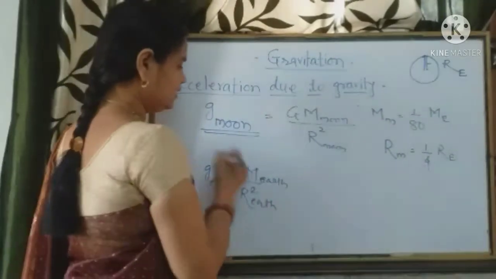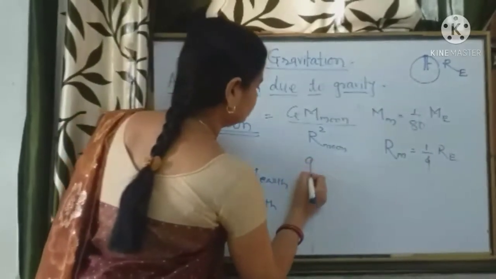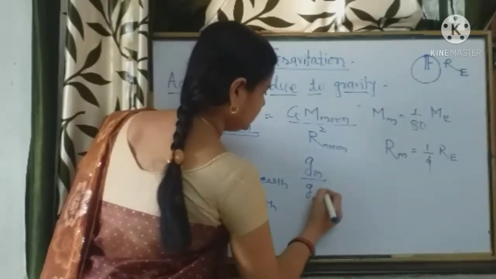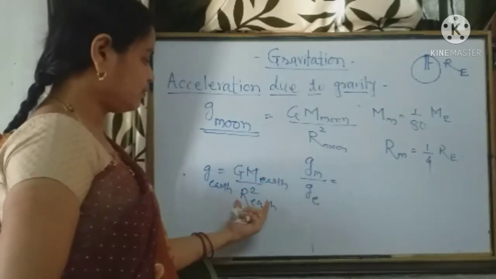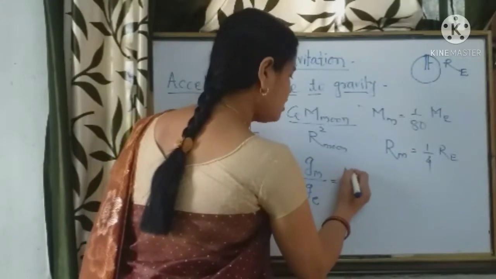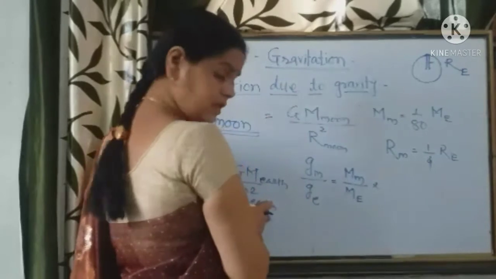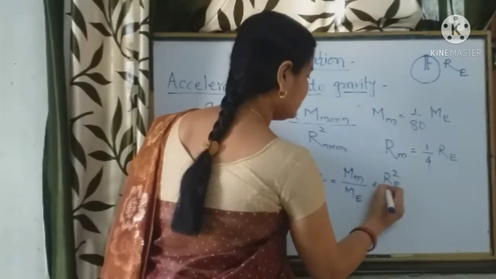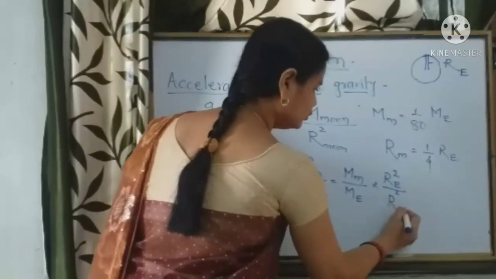Take this ratio: g for moon divided by g for Earth is equal to G m upon R square divided by G M upon R square. G will get cancelled. We have the mass of moon divided by the mass of Earth, multiplied by the square of the radius of Earth divided by the square of the radius of moon, since it is inversely proportional.